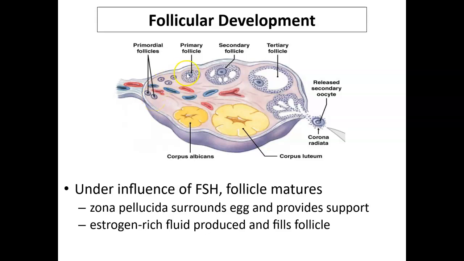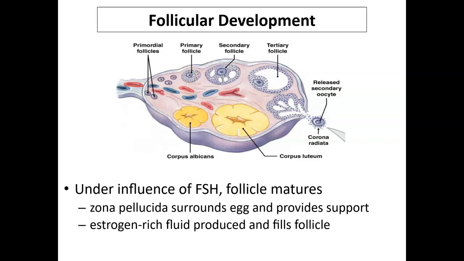As the female matures, some of these primordial follicles will develop further into primary follicles. Each primary follicle consists of an immature egg cell, also known as an oocyte, surrounded by a layer of cells. These cells provide support and nourishment to the developing egg cell.